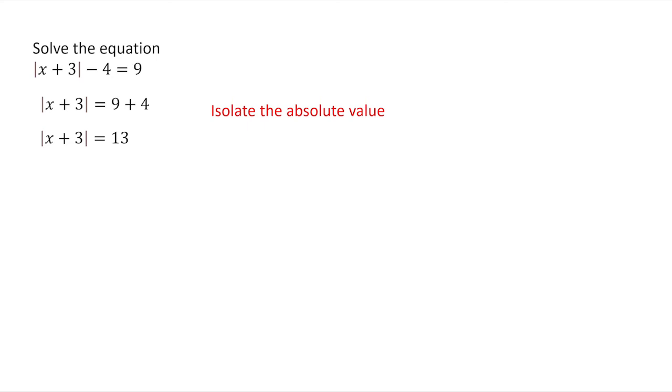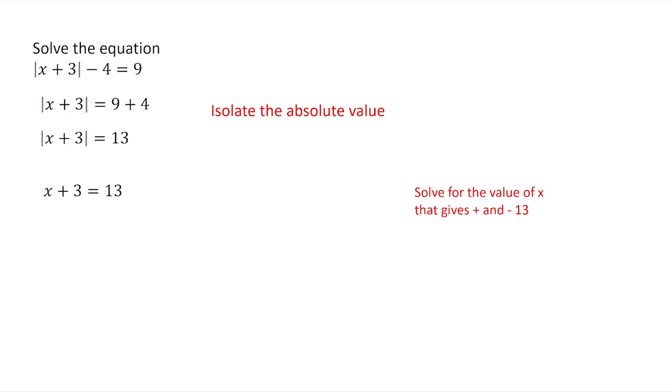So to solve for this value of x, we must solve for the value of x that gives us plus 13 and the value of x that gives us minus 13. Because when we find the absolute value, it will make your answer positive. So you have to solve for two values of x.